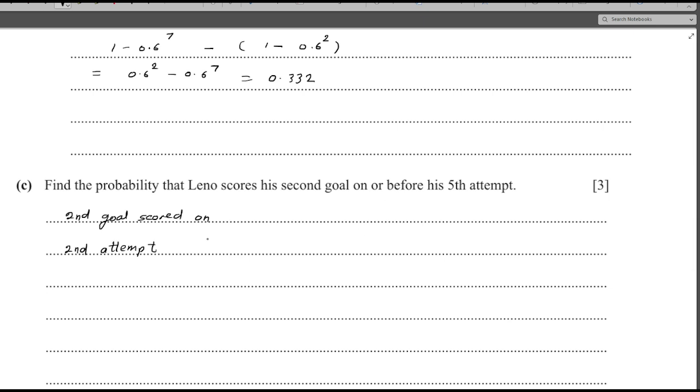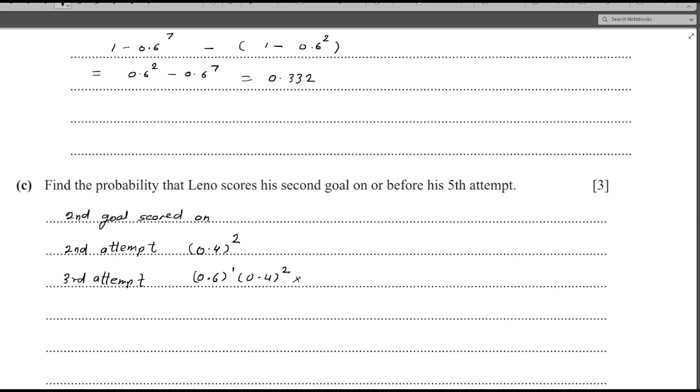If you are scoring the second goal on the second attempt, that means you already scored a goal on the first attempt and also on the second attempt. So this is 0.4 power 2. Similarly, for the third attempt, there is one attempt where you have not scored any goal, and there are two attempts when you scored a goal.